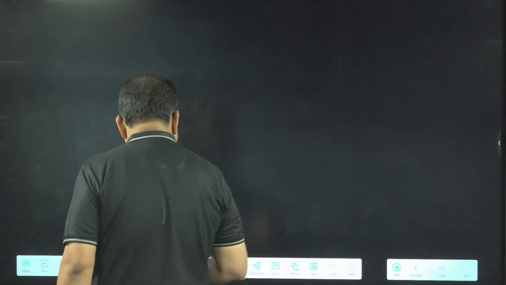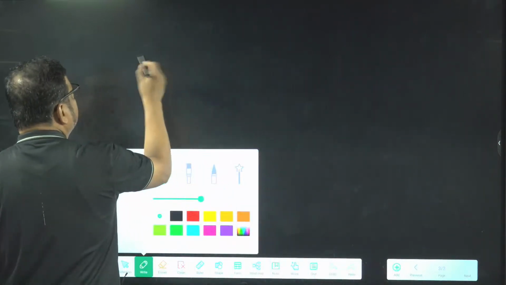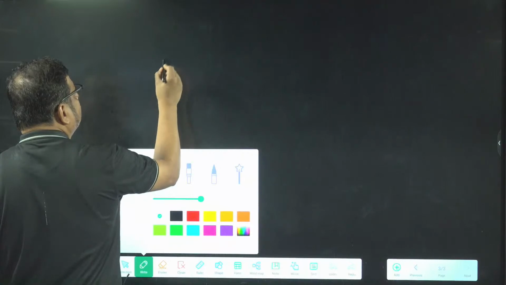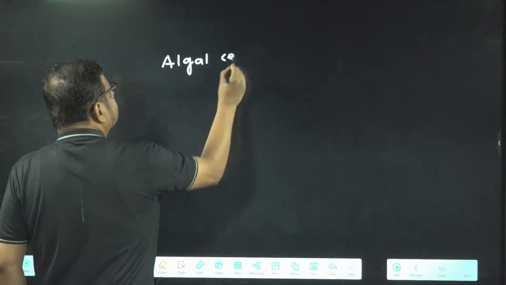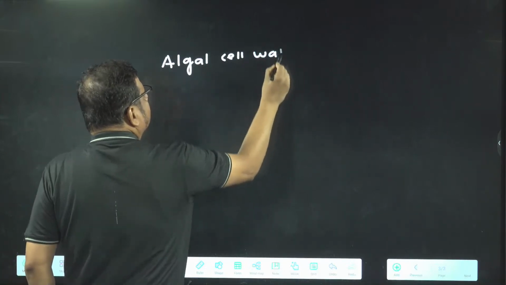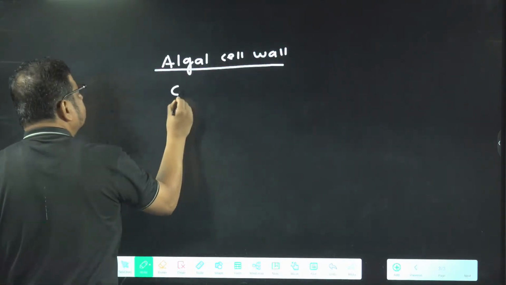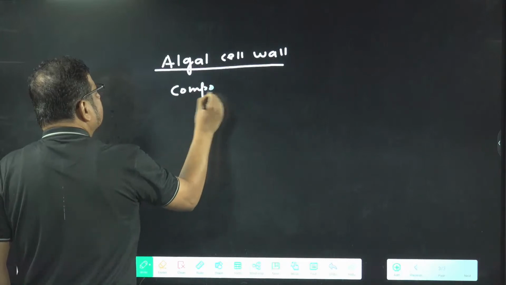So, NCERT told about the algal cell wall. What are the compositions of the algal cell wall?